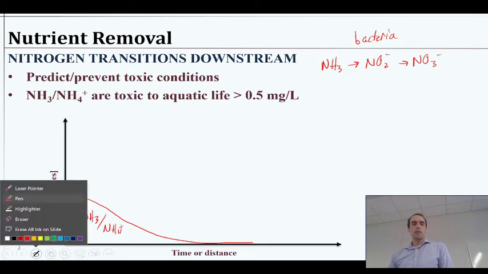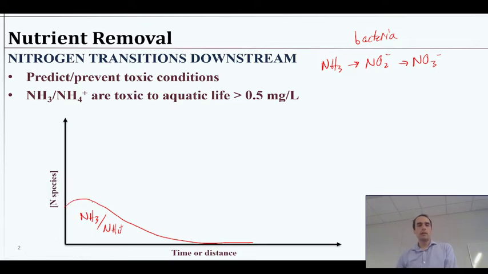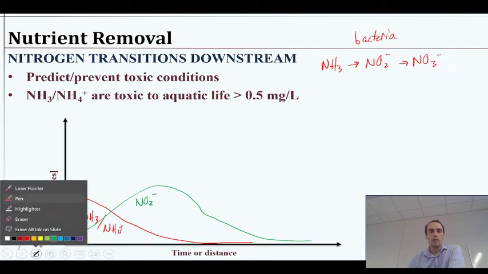So then that will relatively quickly start converting into nitrite if we've got the bacteria present. So we might not start with much nitrite, but then we'll have something like that. And then the nitrite, NO2-, starts converting into nitrate.